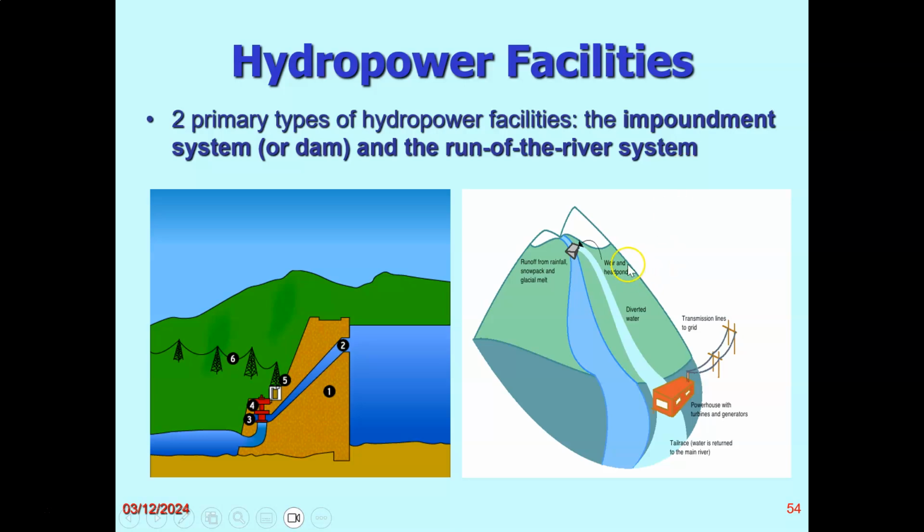In this second kind of installation, as you can notice from the picture, you have the main river here, so you don't really modify the river flow.